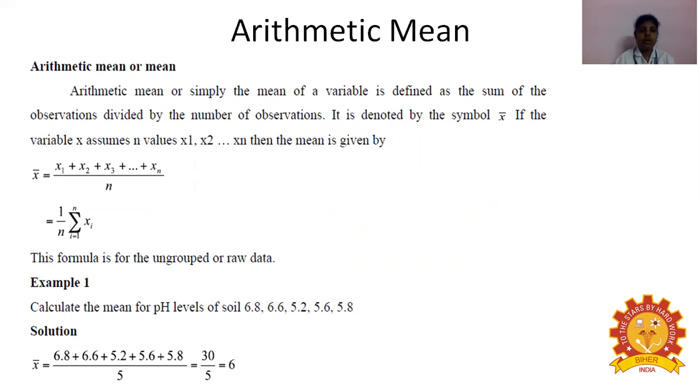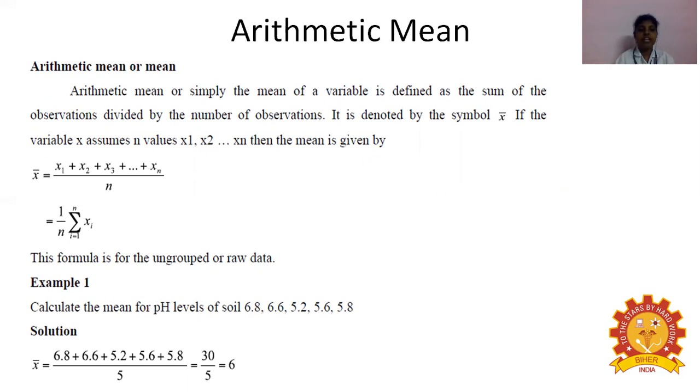The arithmetic mean, or simply the mean, of a variable is defined as the sum of the observations divided by the number of observations. It is denoted by the symbol x bar.